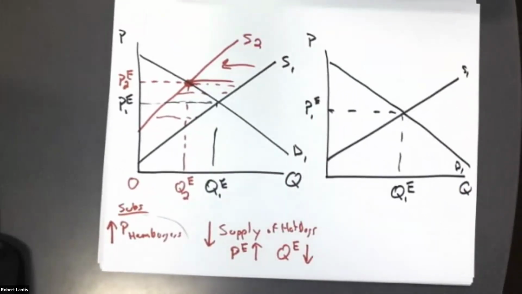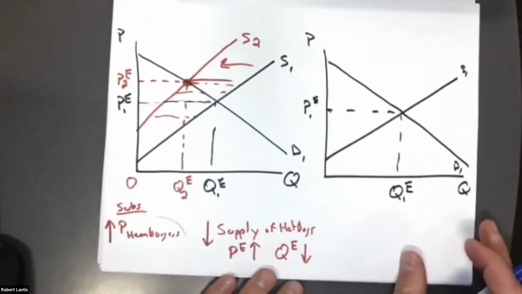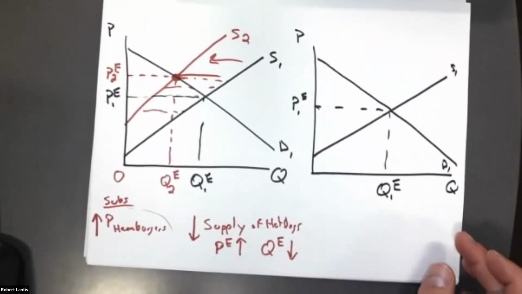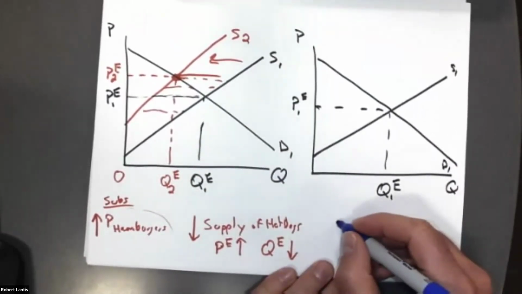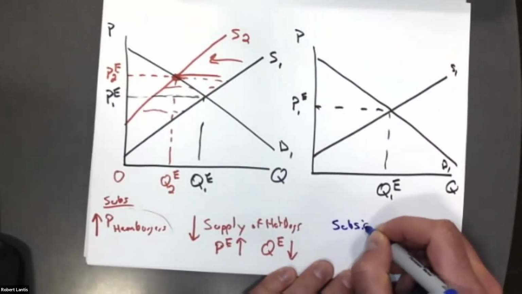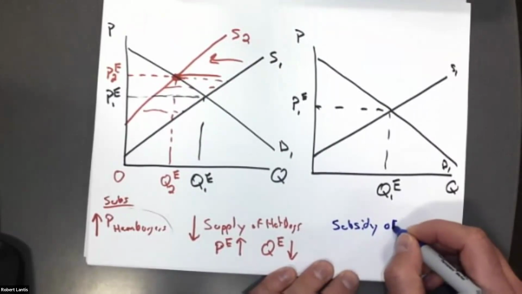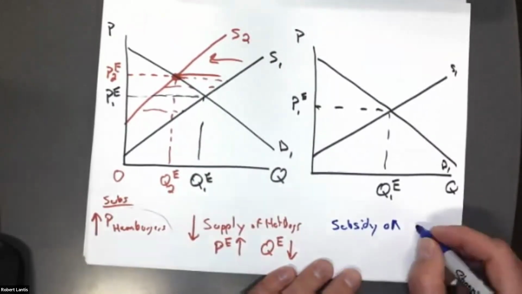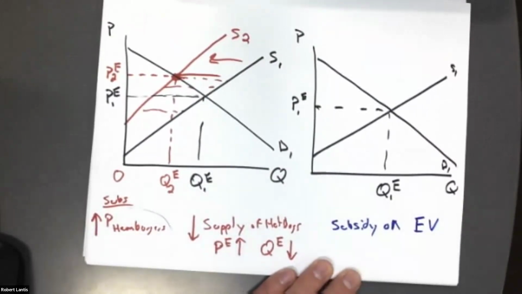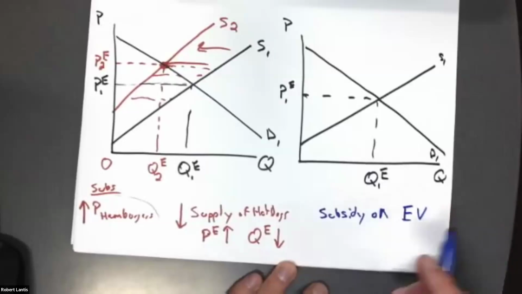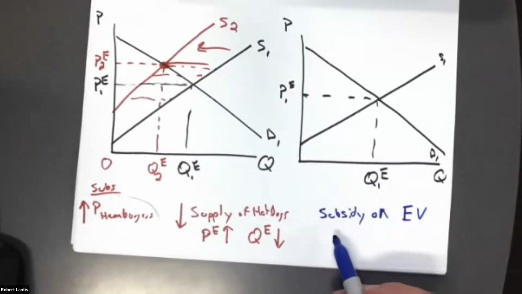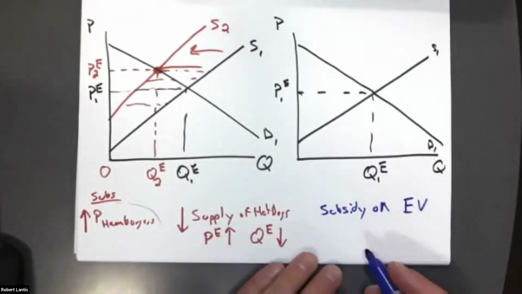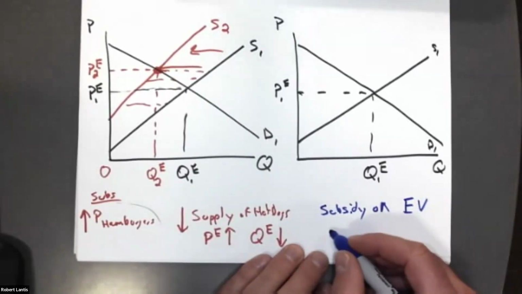So what if instead I had a subsidy on, what's a good example right now? Yeah, electric vehicles, right? So if I put a subsidy on electric vehicles, and I'm giving that to the producers, like whoever's producing these electric vehicles, what's going to happen to my supply?